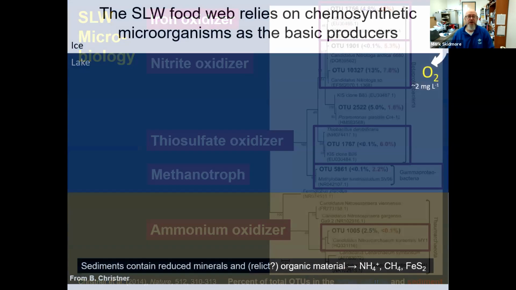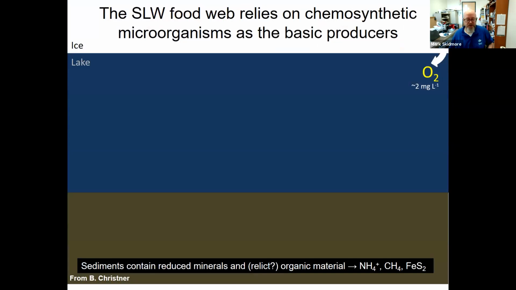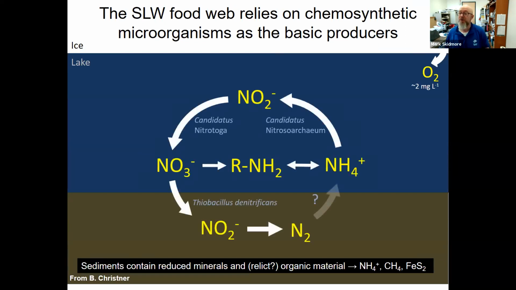If we look at a little model of this, this is from Brent Christner, and I've added a couple of little modifications. In the subglacial environment in the lake, there's oxygen coming in from basal melt and potentially water coming in from upstream. There are organisms, based on the phylogeny, that can be active in the nitrogen cycle: ammonia oxidation, nitrite oxidation, nitrate reduction.